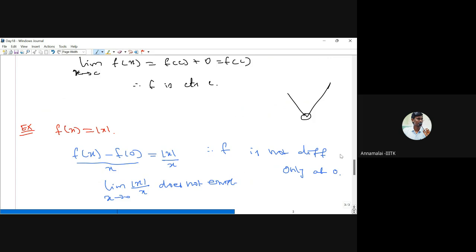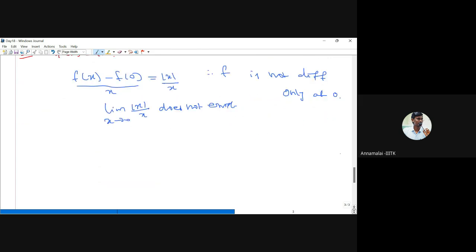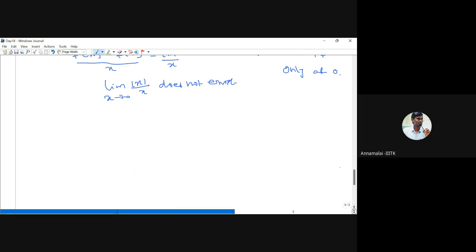Now the algebra of differentiability. Sum of two differentiable functions is a differentiable function. Subtraction of two differentiable functions is differentiable. Product, and then composition of two differentiable functions is a differentiable function. Okay, we state the theorem. Algebra of differentiable functions.